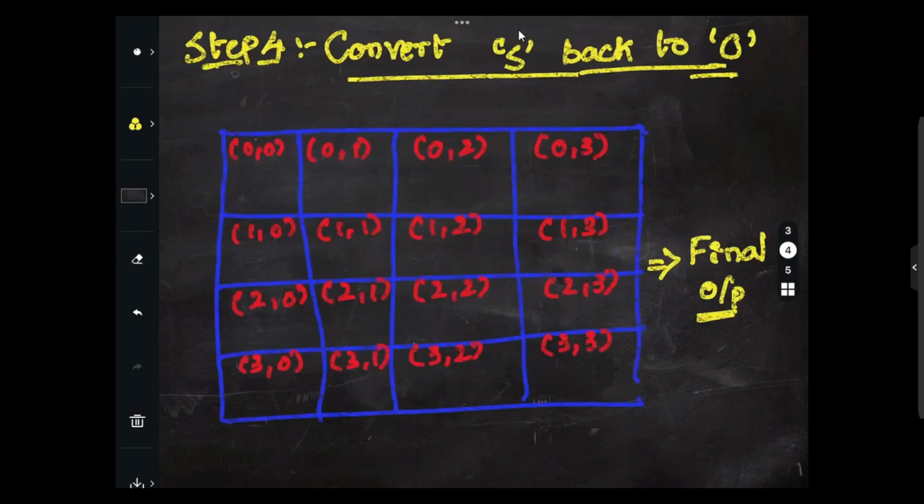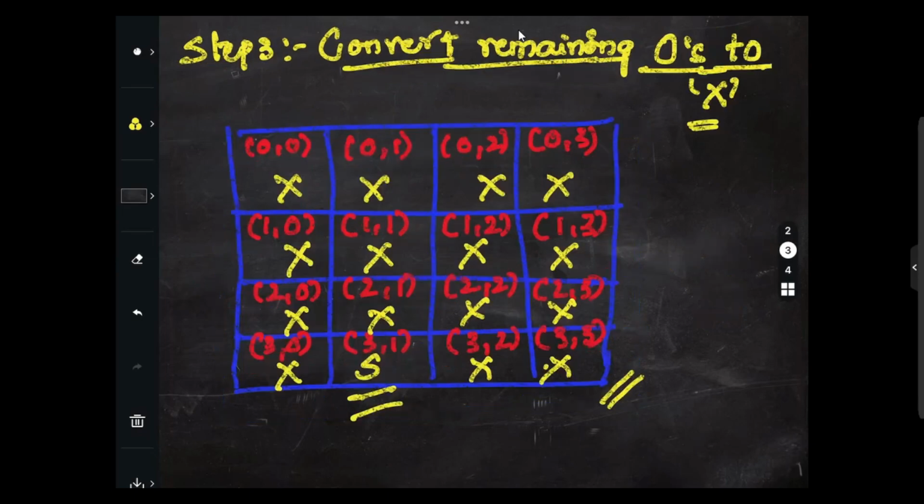So let's move on with step 4. Nothing but we will convert S back to 0, right? So we have S here in step 3. If I come here, we have the S 0. We converted it to S because it was at the border. It failed the condition, it was not surrounded by X downwards, so downwards x was not present. So this one we will convert back to 0 in the fourth step.